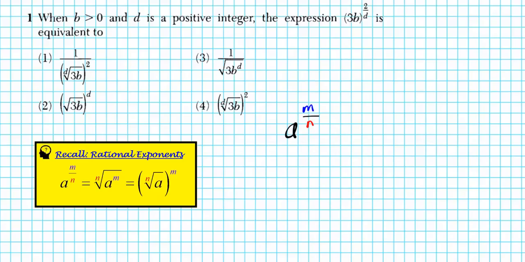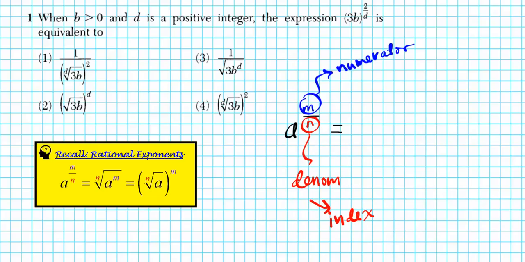If you want to write this in radical notation, the numerator stays a power, and the denominator becomes the index of the radicand.